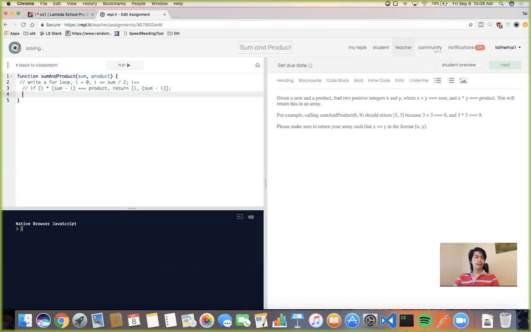And if it breaks out of that for loop, then that means nothing actually finished and I just return null. That's all there is to it.